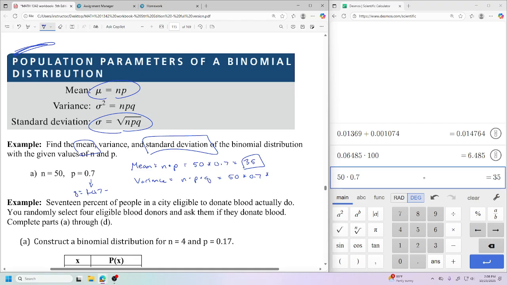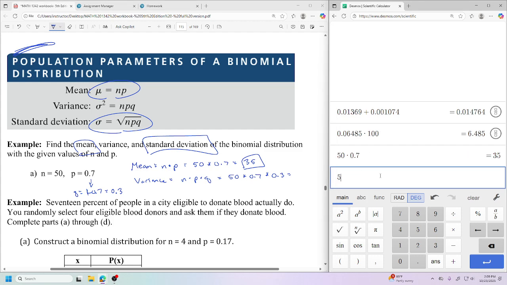Like 1 minus the 70, what would it be? 0.3, 30. 70, 30, right? 50, 50. 20, 80, yes? So here, got 70, 30. I'm going to multiply it by that 30 as well. So 50 times the 70 times the 30.